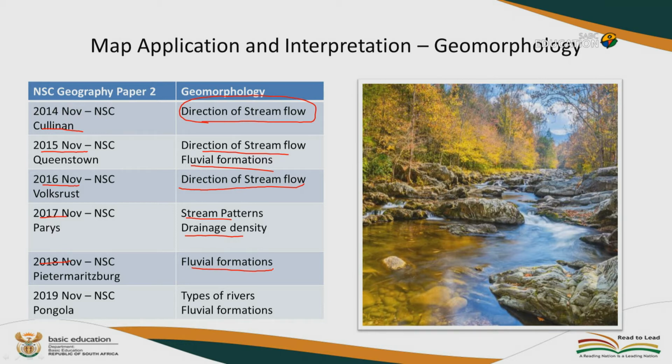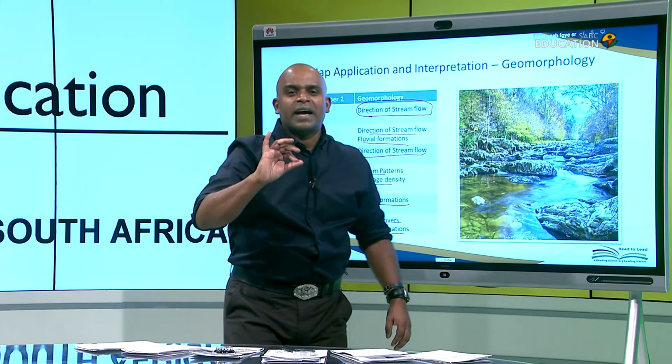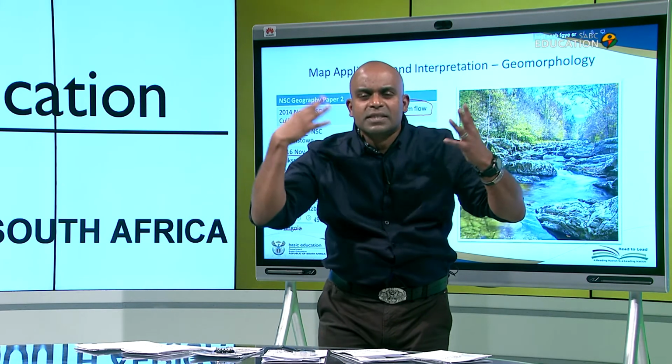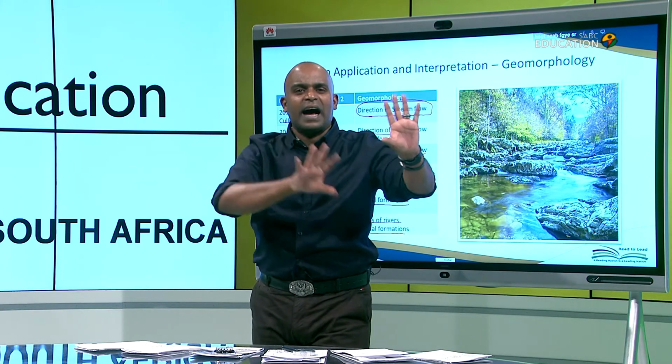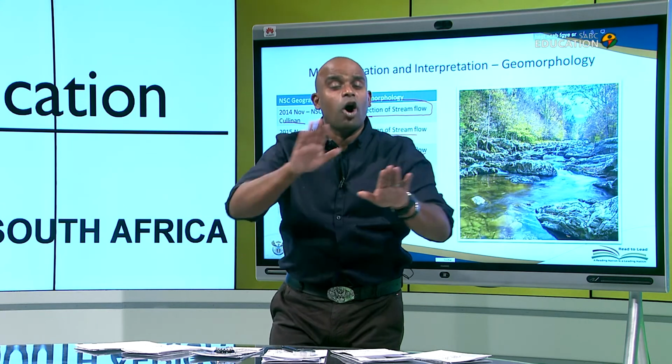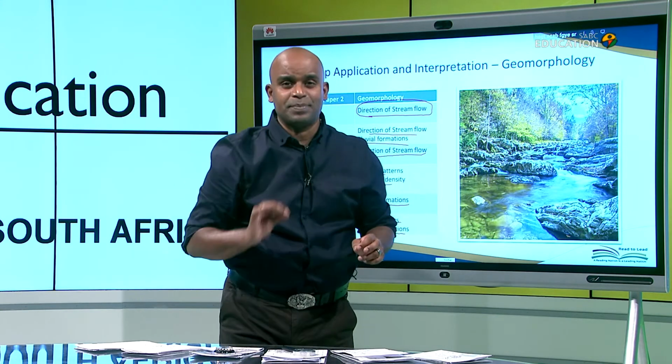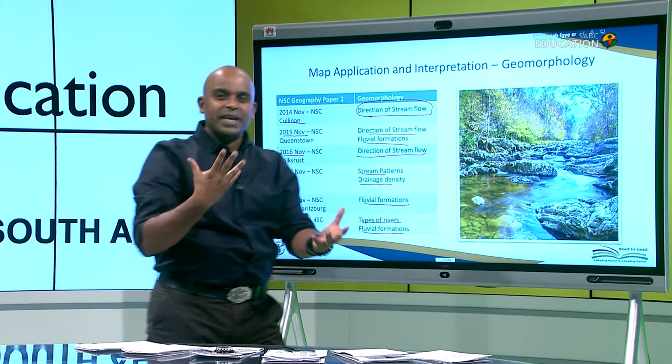And in 2019, on the map of Pongola, types of rivers and fluvial formations. Immediately, when it comes to application, we can determine a pattern of how the examinations are examining, correct, on different maps, the same theory.